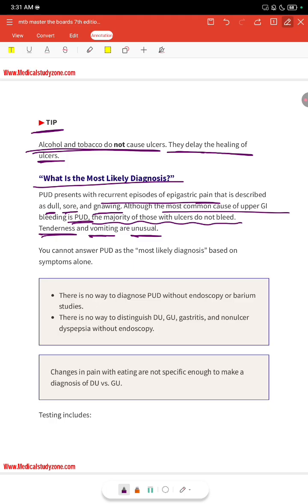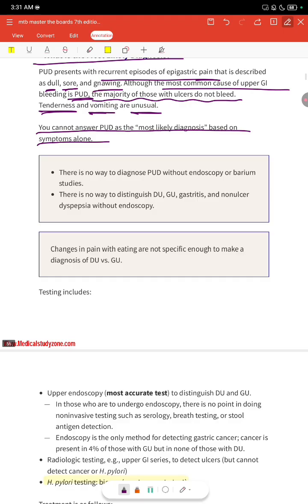Here is another point. The most common cause of upper GI bleed is PUD. There is no doubt about it. But the majority of those with ulcer do not bleed at all, and tenderness and vomiting are unusual in PUD. So you cannot answer PUD is the most likely diagnosis based on symptoms alone.